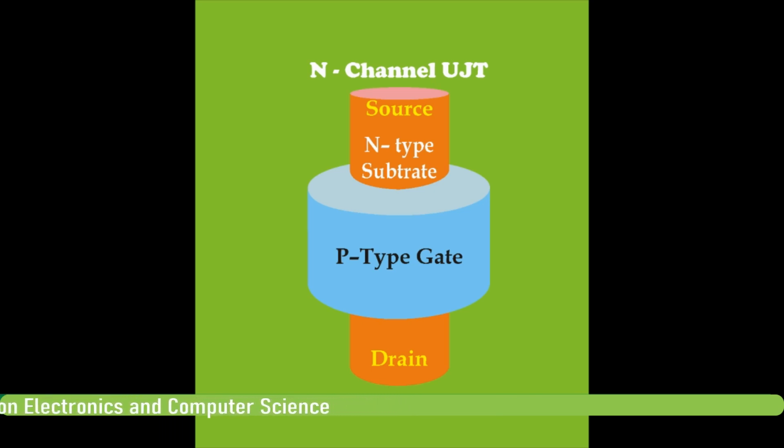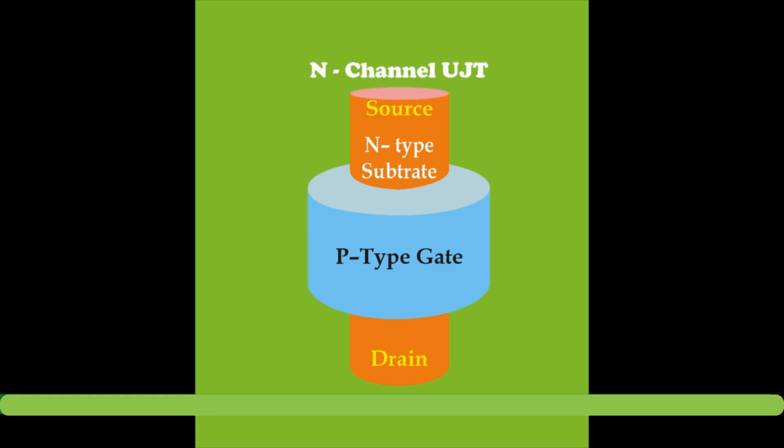So all the conduction from source to drain is done with only negative charges, that means electrons. That channel which exhibits a current due to electrons, that means N type charges, is called N channel, and obviously the gate is P type.